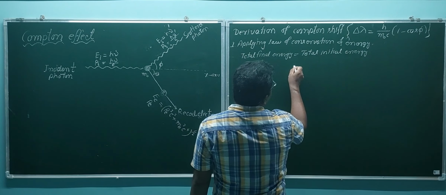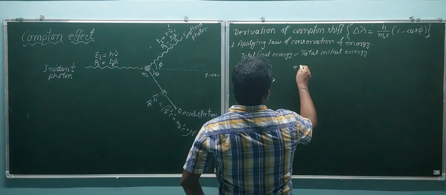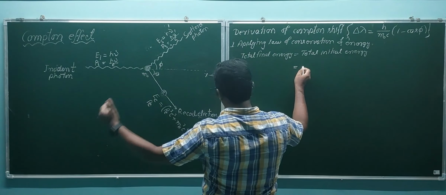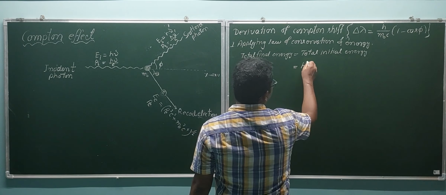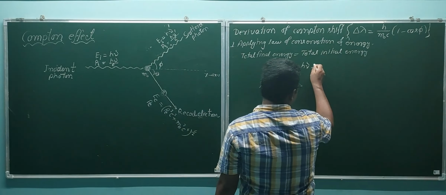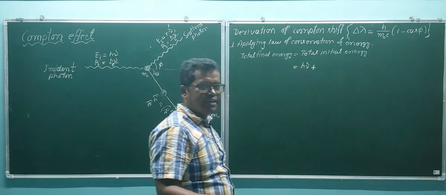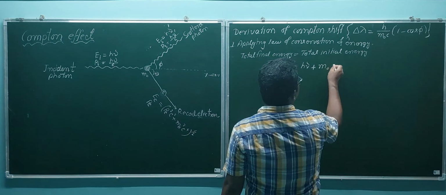So what is the total initial energy? Energy of photon, that is h nu, plus energy of the electron at rest, that is m naught c square.